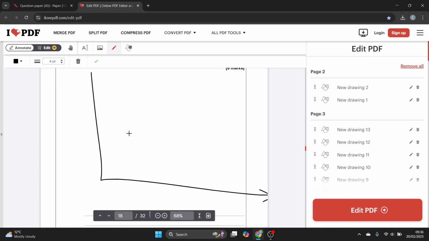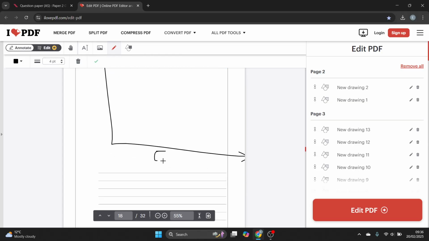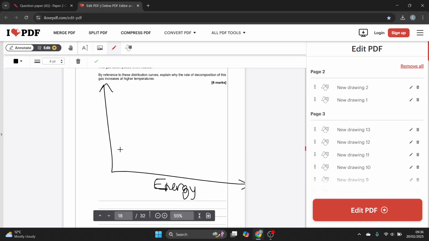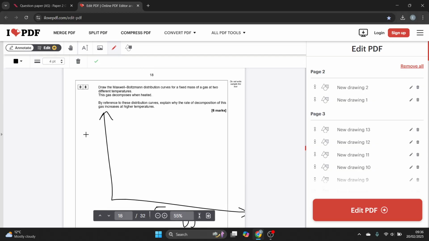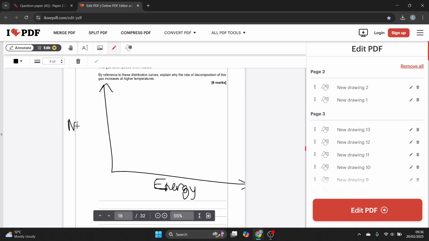This question is a perfect example of why you need to memorize the Maxwell-Boltzmann distribution curve. You need to know every single part of it, because it could test you on any of it. So energy, then your number of molecules, number of particles, whatever.